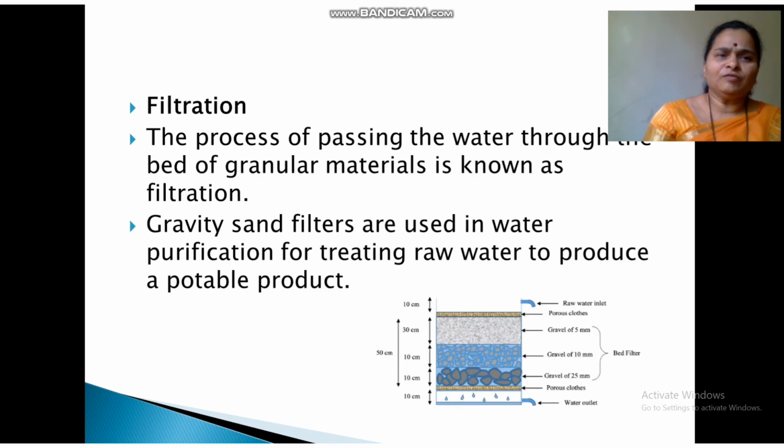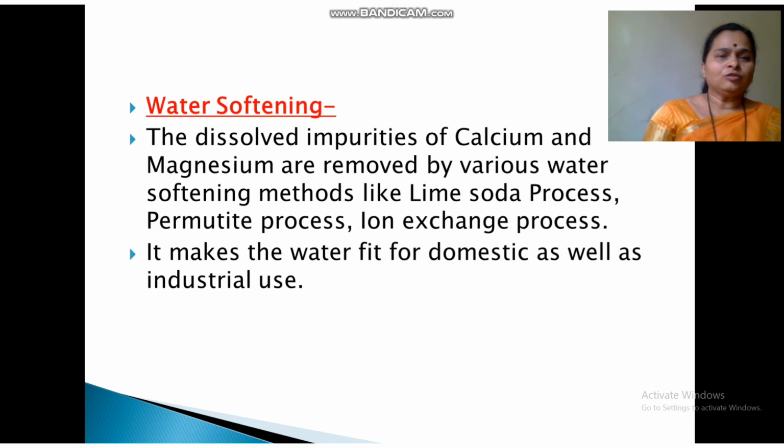Then the next one is the filtration process. The process of passing water through a bed of granular material is known as filtration. Gravity sand filters are used in water purification for treating raw water to produce a potable product. Potable means drinking quality water. Then water softening.